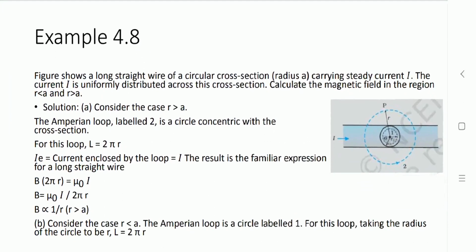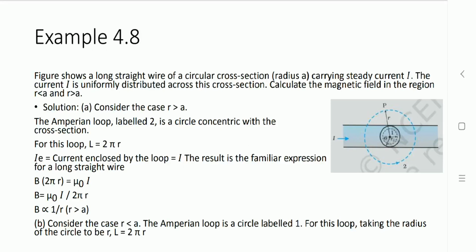The figure shows a long straight wire of circular cross section with radius A carrying a steady state current I. The current I is uniformly distributed across this cross section.